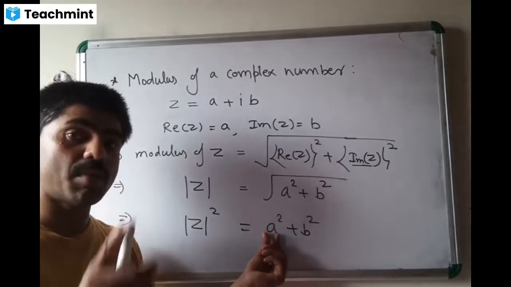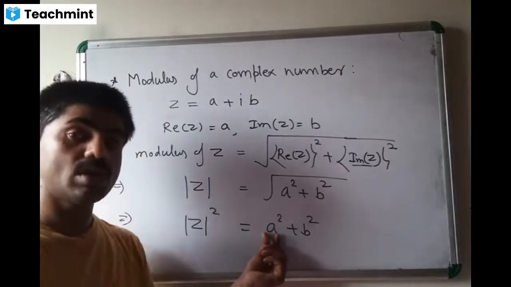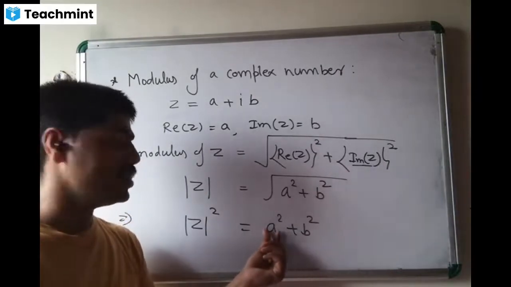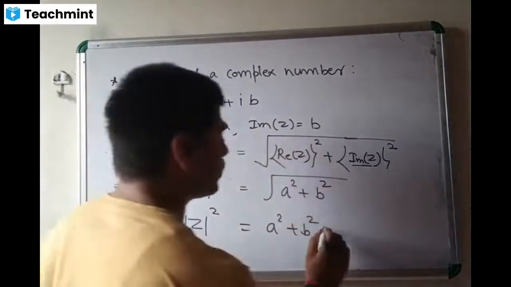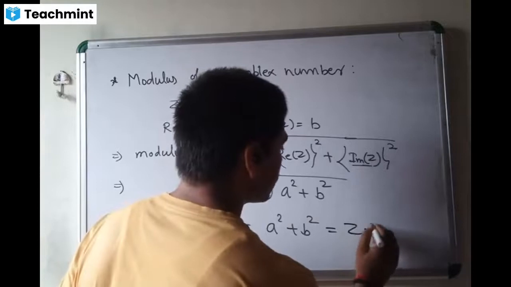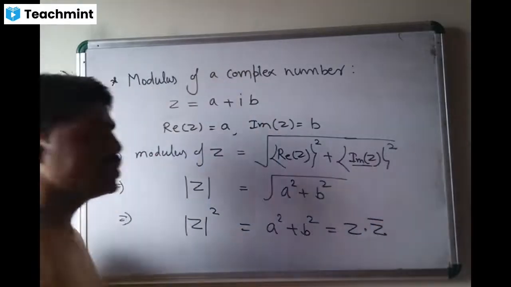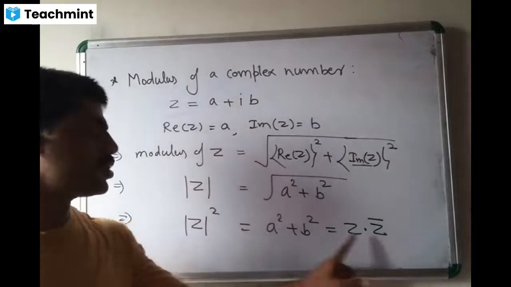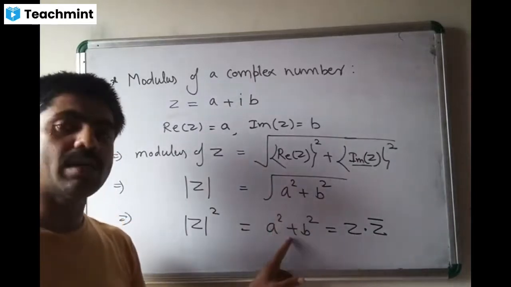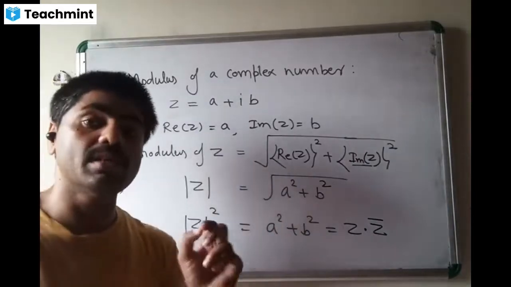Now see beta, see in the properties of the conjugate. Square of the real part plus square of the imaginary part is equal to z into z bar. Yes or no? See the property of the conjugate. Z into z bar is equal to square of the real part plus square of the imaginary part.